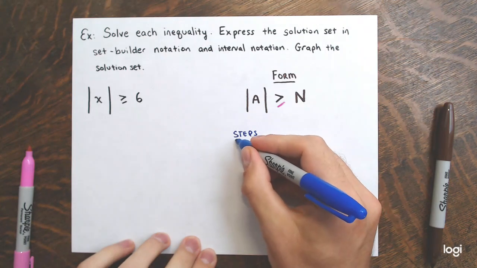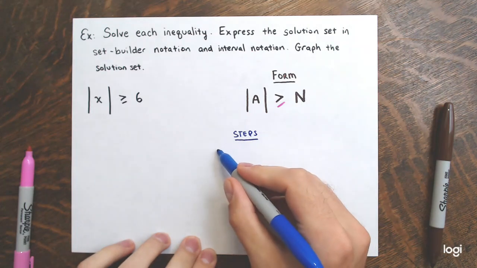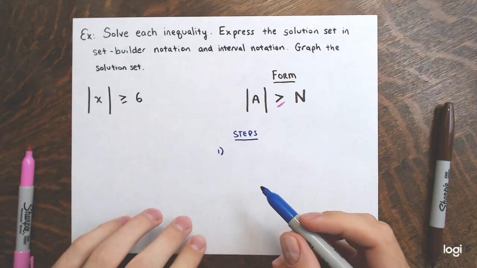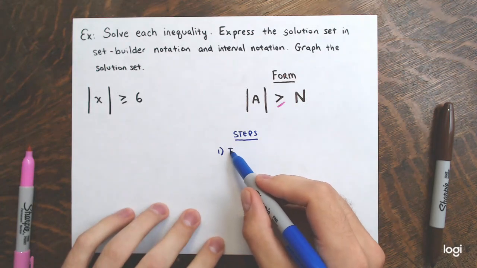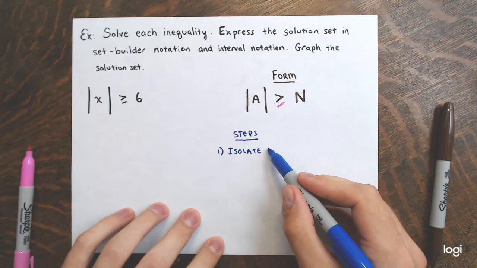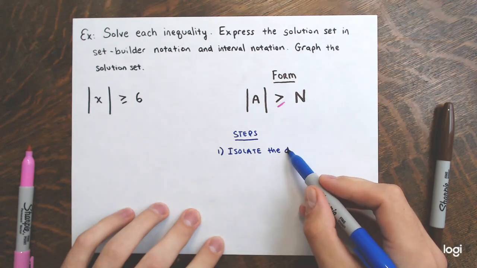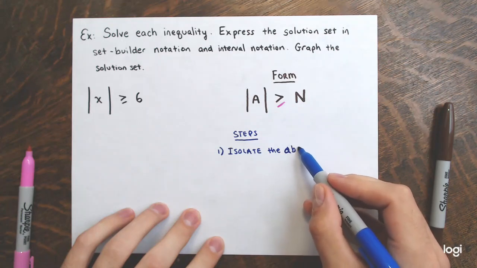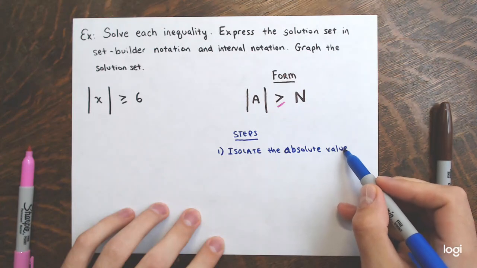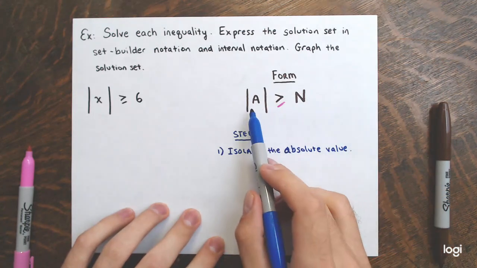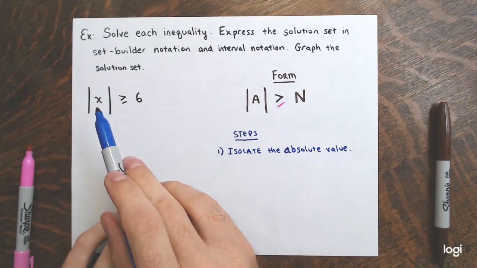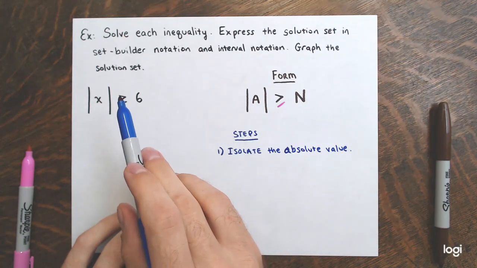steps I'm going to follow to solve these inequalities. First, I'm going to isolate the absolute value. Okay, so get the expression like this absolute value of A, or over here in my example I have the absolute value of X is greater than or equal to 6.